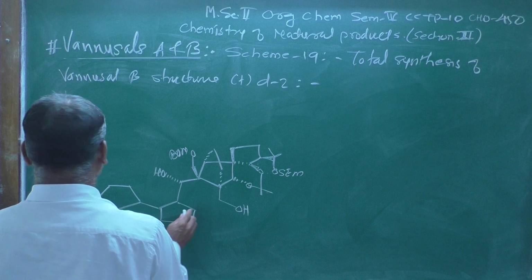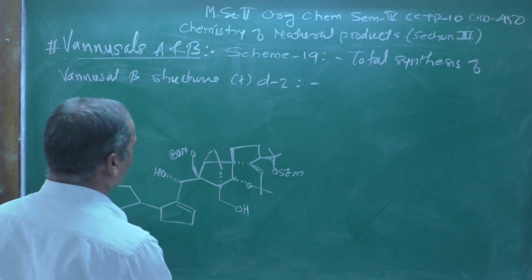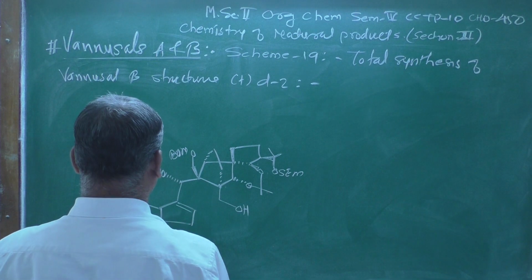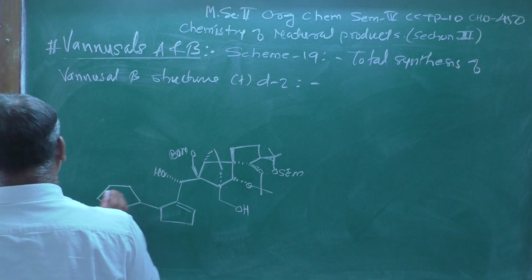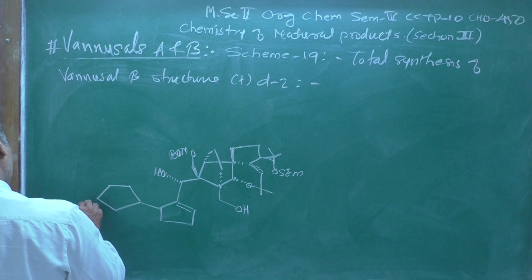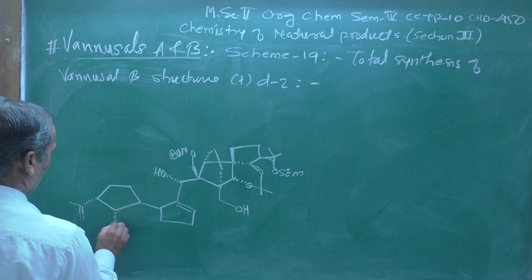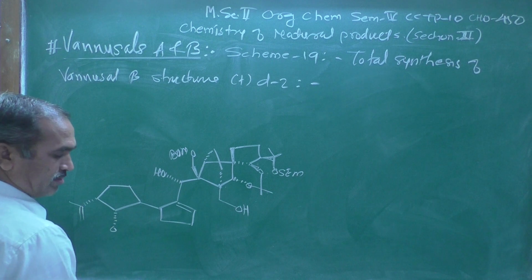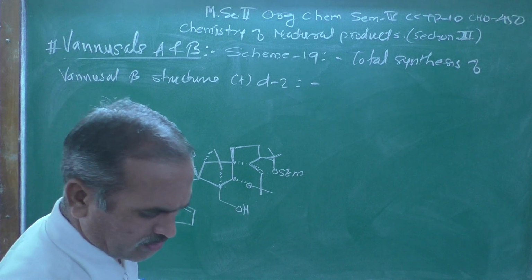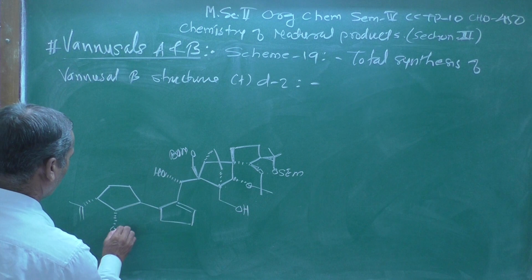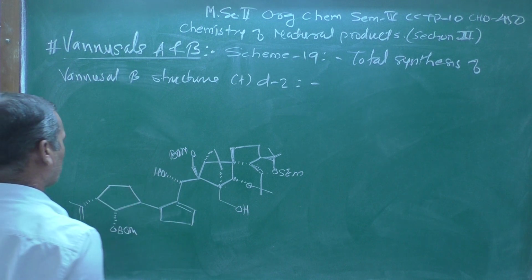Now, this is a 5-membered ring containing one carbon-carbon double bond. The ring A is associated with an isopropenyl group as well as a secondary protected hydroxyl group.